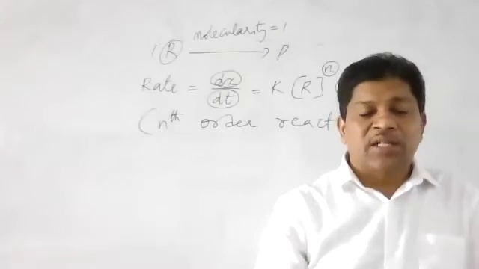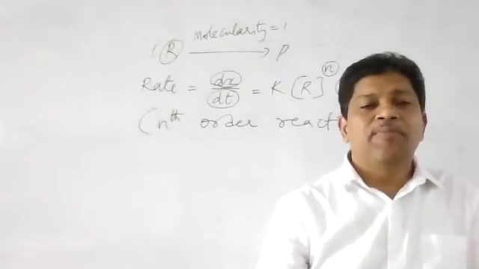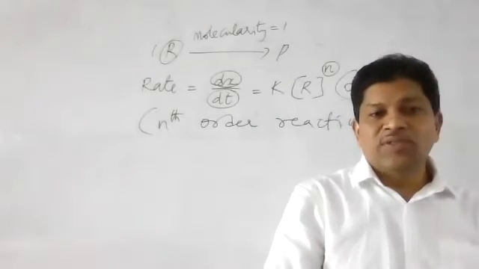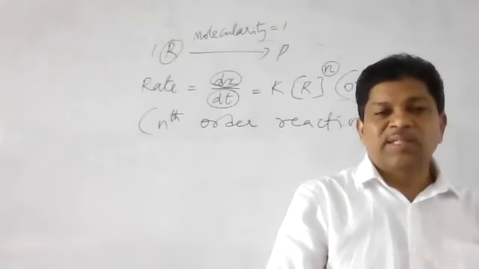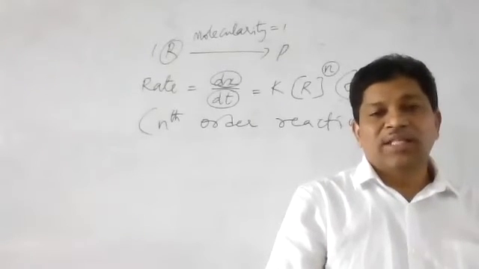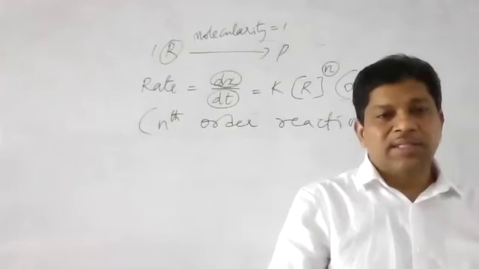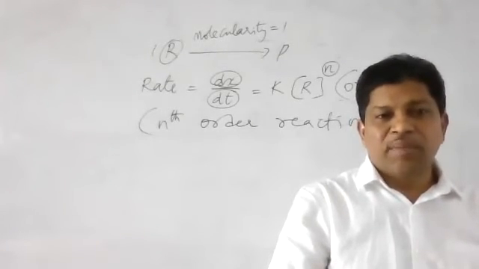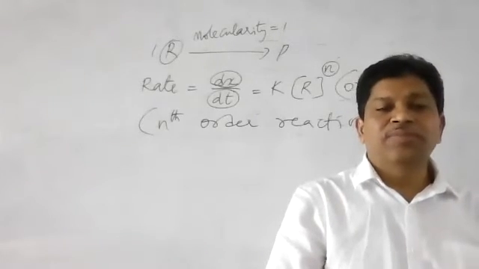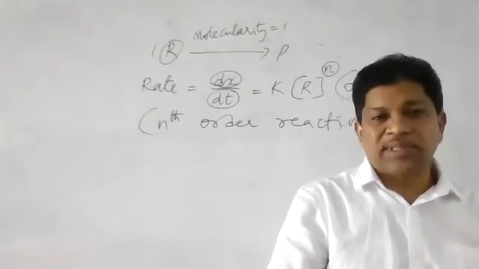And this order of reaction may sometimes be fractional, or negative also. So negative values are possible, fractional values are possible, and whole numbers are possible. Order of reaction may be negative, positive, 0, or sometimes fractional.